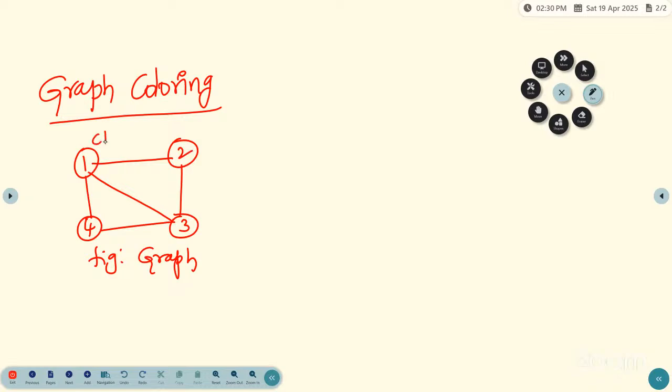This is color 1. I'm giving randomly; there are many more examples. This is C2. Here C1 usage: here color 1, color 2, and here color 1 again.